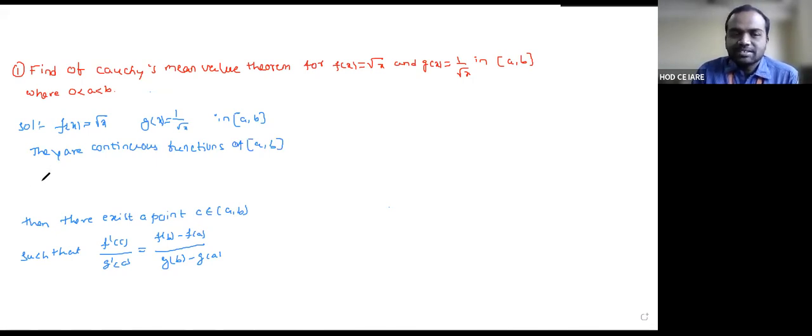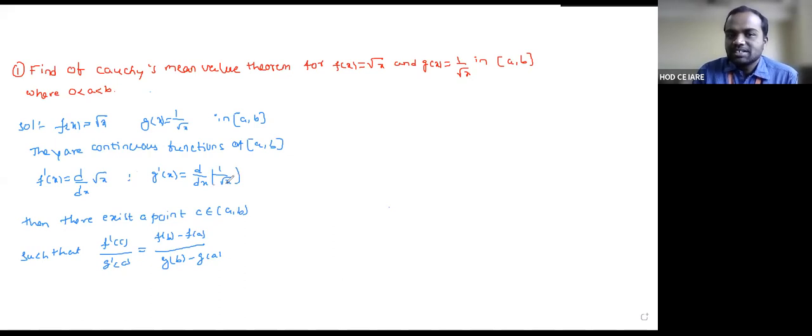they have differentiability. Differentiability means f dash of x is equal to d by dx of root x, and g dash of x is equal to d by dx of 1 by root x.